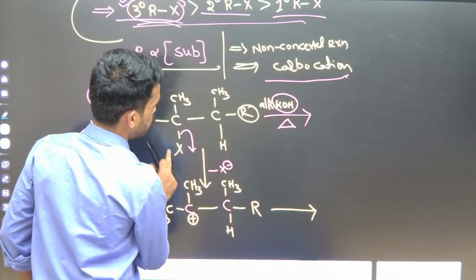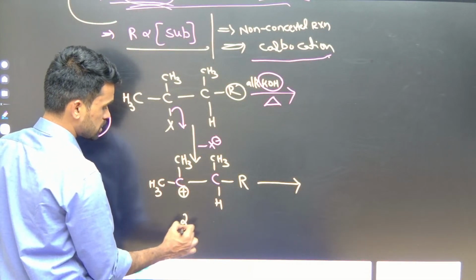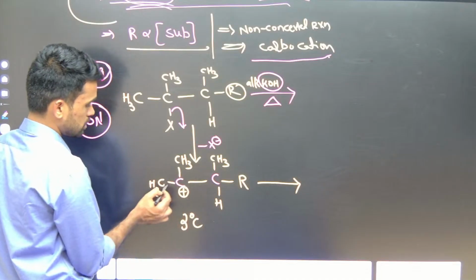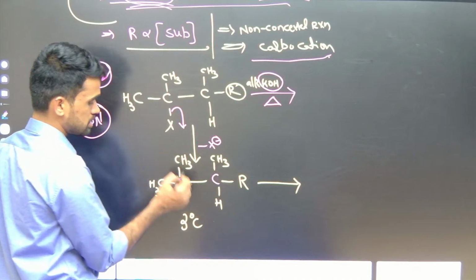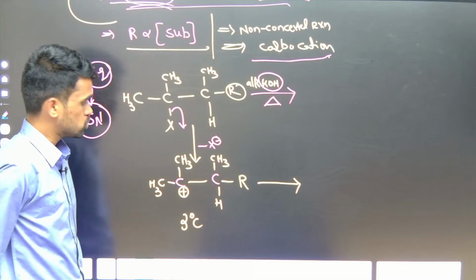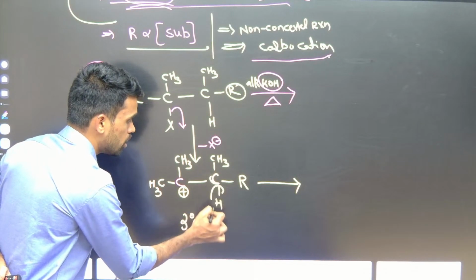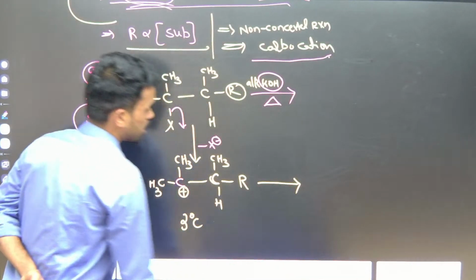That's it. Next, what happens? This is a tertiary carbon, with a methyl group and a carbon. This is a stable carbocation, right? Now the adjacent carbon has hydrogen. That is the only weaker bond we have.